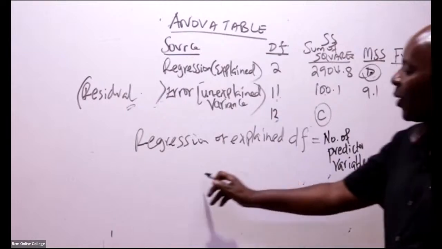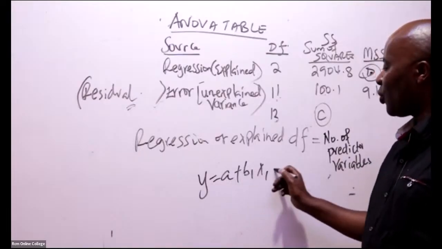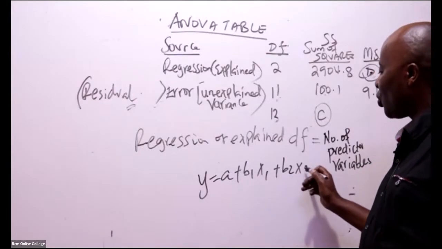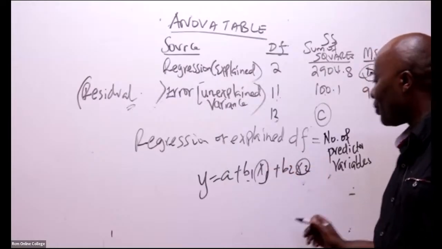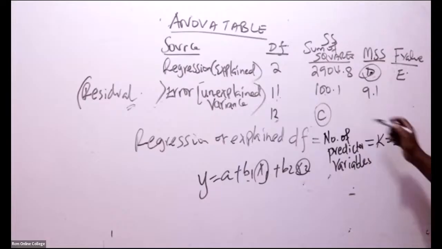So remember we had y equals a plus b1 x1 plus b2 x2. These are the predictors. There are only 2, so the number of predictor variables is k, which in this case equals 2. Thank you very much for bringing that up.